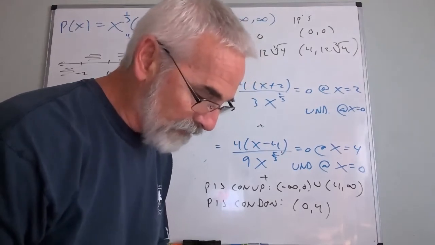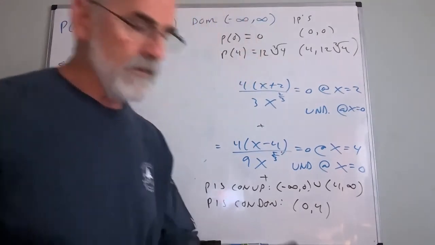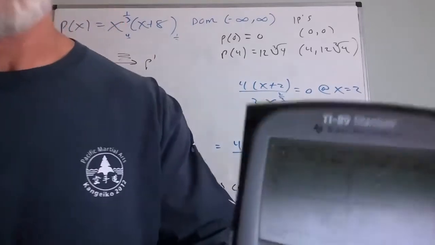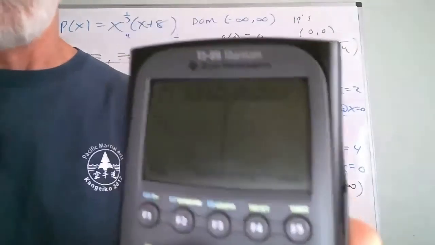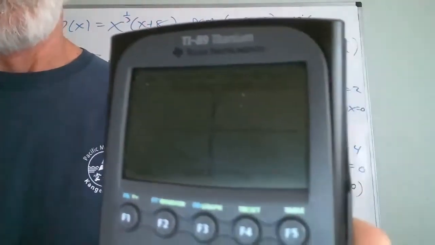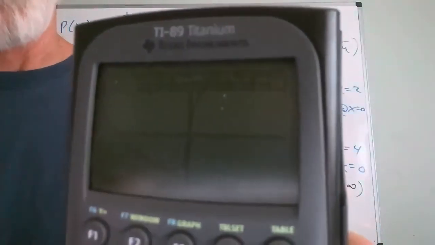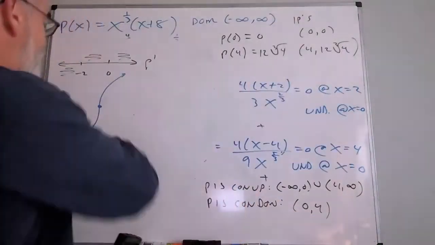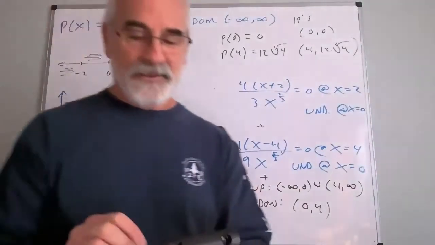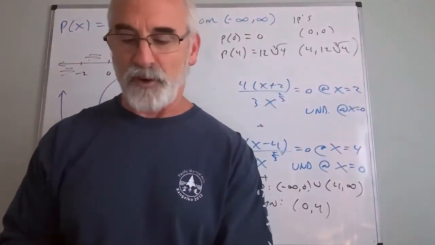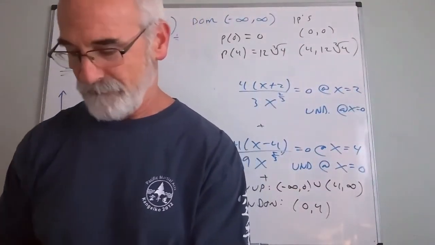Let's see what the graph looks like. Oh, you see it? At the origin, see how we're straight up and down? It's right there. That's so cool. My graphing calculator confirms that I did everything right at that point.